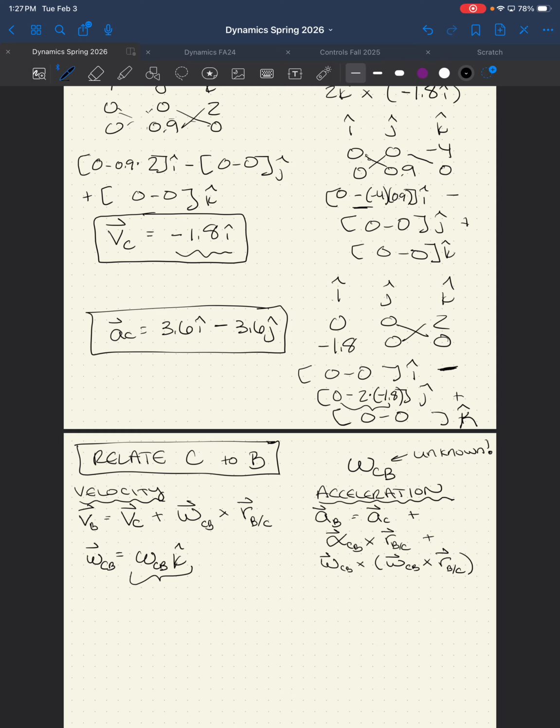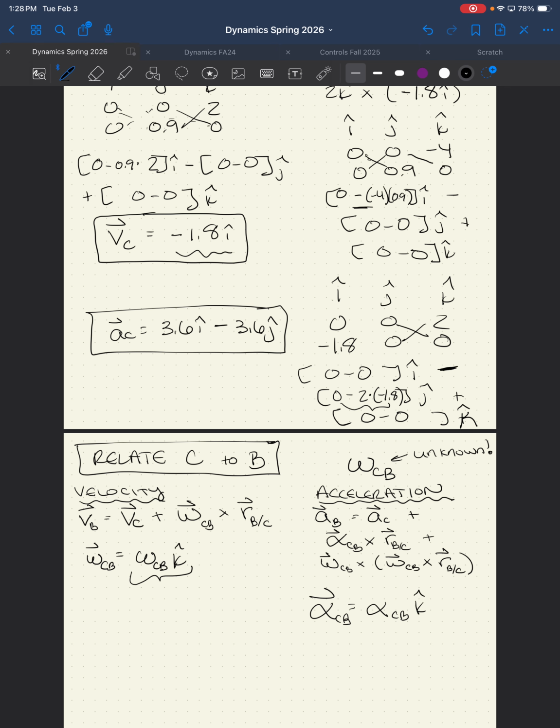I want to find the velocity of B. The velocity of C is what I found in the last part of the problem, so I can plug in minus 1.8i here. Omega CB is what we don't know, but I just covered why we're allowed to write omega CB in the k-hat direction, crossed with R B/C.